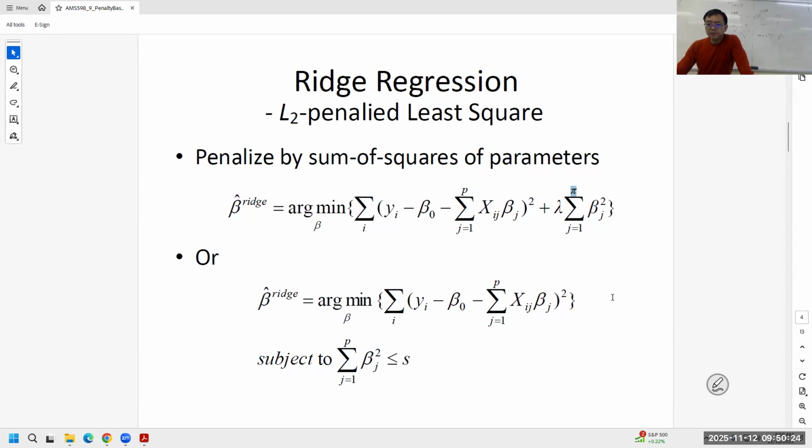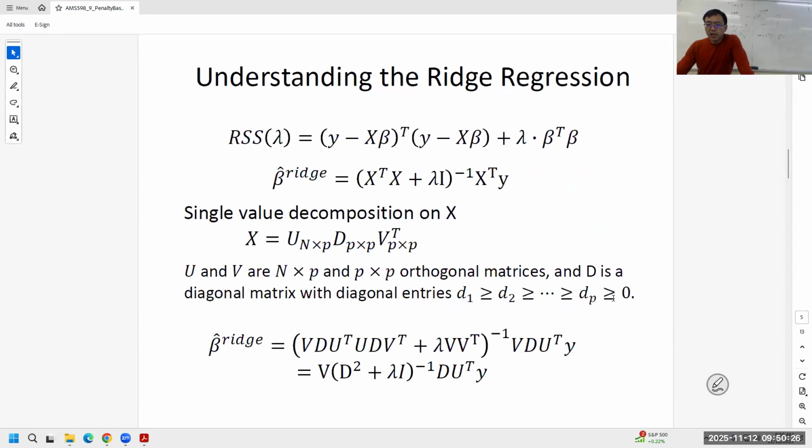Let's see what the ridge regression actually looks like, because every intuition you can back up with strict mathematical derivation. Let's see it in terms of the math and how this works out.